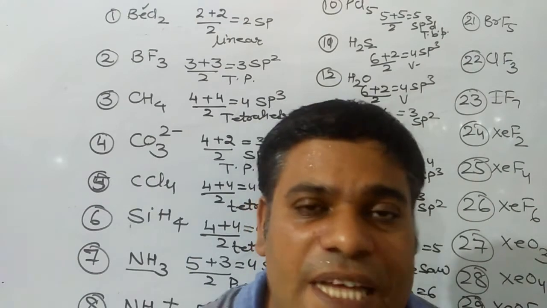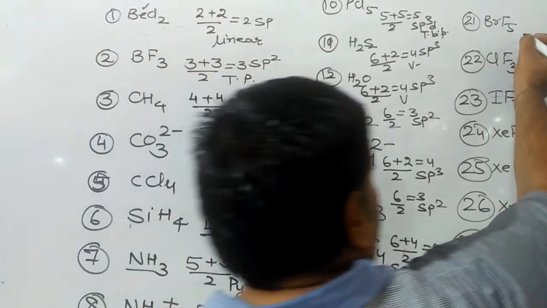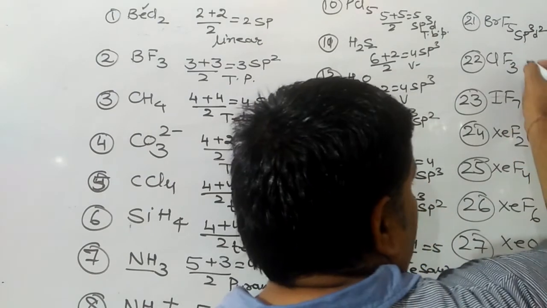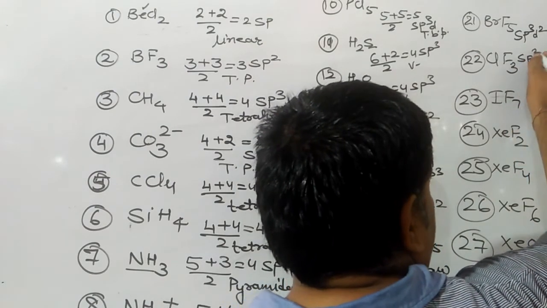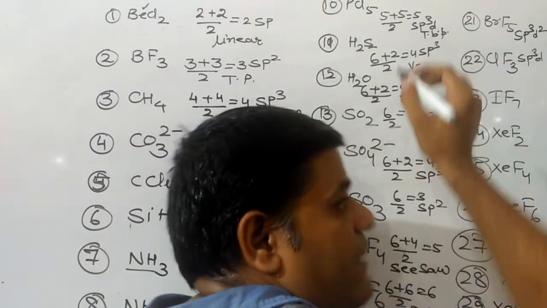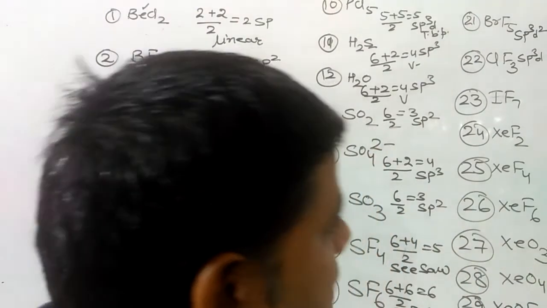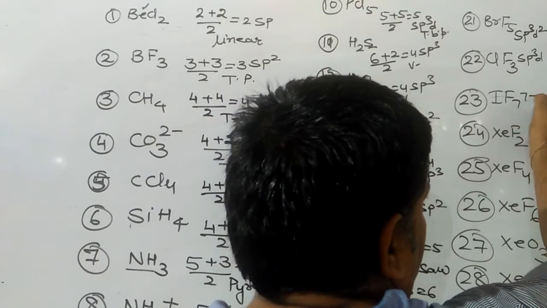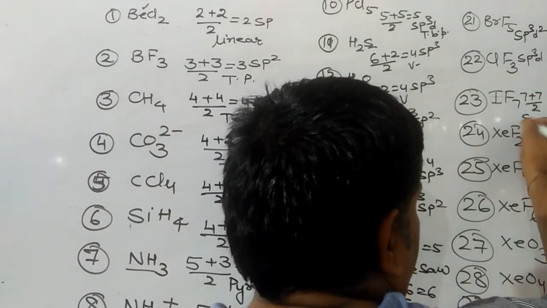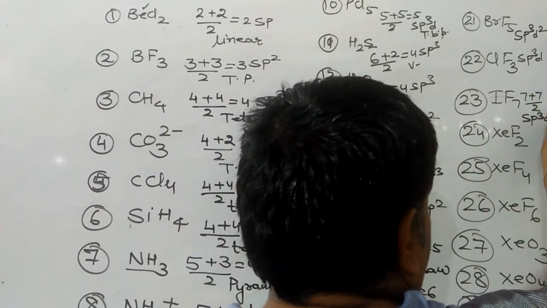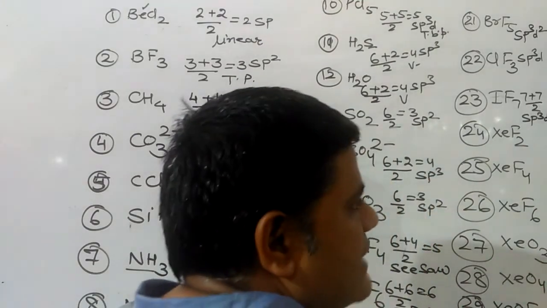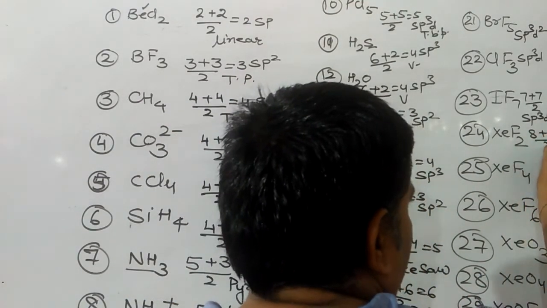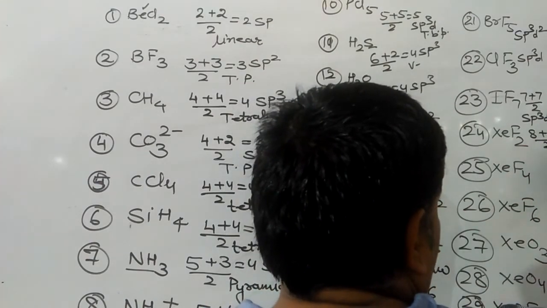BrF5: 7 plus 5 by 2, that will be sp3d2, shape will be square pyramidal. ClF3: 7 plus 3 by 2, 5, that will be sp3d, shape will be T shape. IF7: 7 plus 7 by 2, that will be sp3d3, and shape will be pentagonal bipyramidal. XeF2: it will be 8 plus 2 by 2, 5, sp3d, shape will be linear.